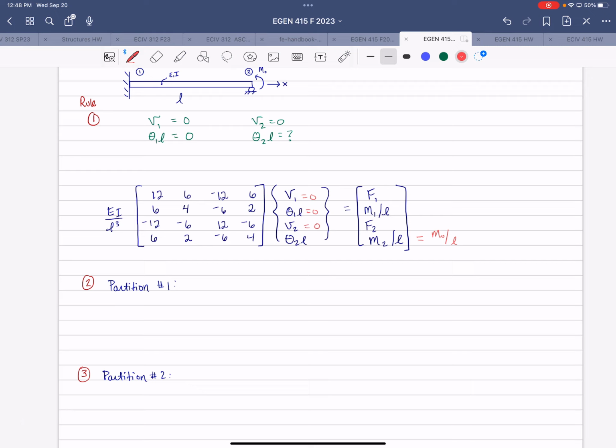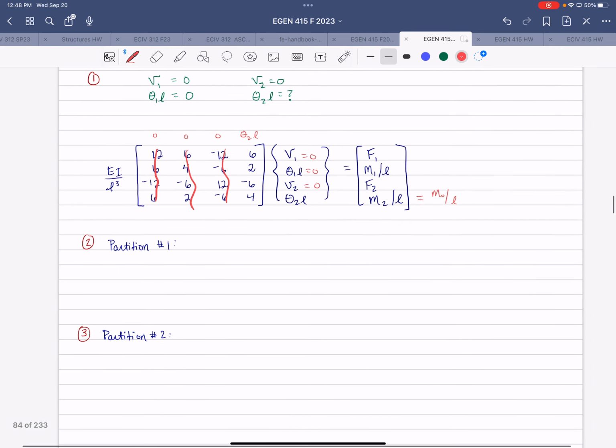With 3 known displacements, right, first 3 columns are going to get multiplied by 0. We can eliminate those from our analysis. So that just leaves us with 1 column to deal with. So first partition is really easy. We just use that row with the known force, so that's the 4th row, and we only have the 4th column to think about.